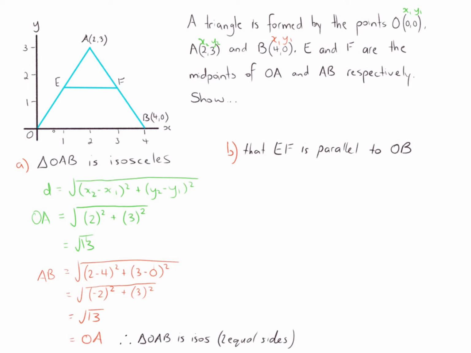E and F are the midpoints, so it would be good to know what are the coordinates of these points. So let's look at our diagram. If E is the midpoint of OA, and O goes from 0 to 2 along the x-axis, the x-coordinate of E must be 1.